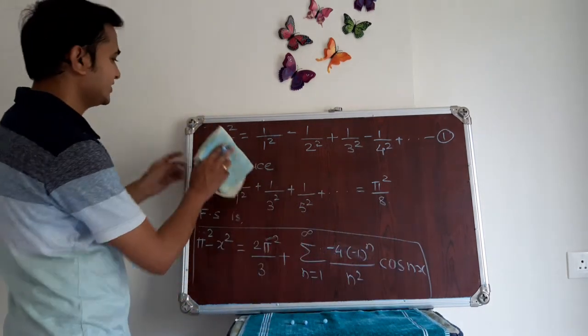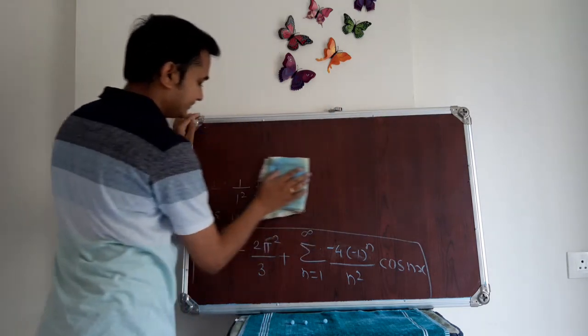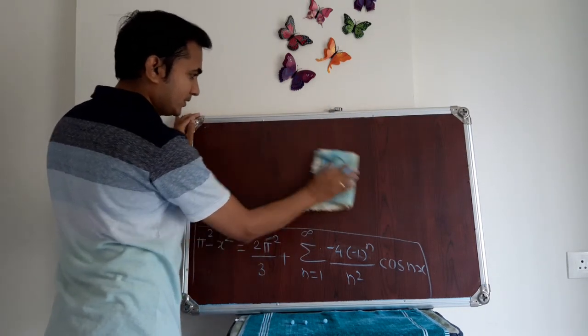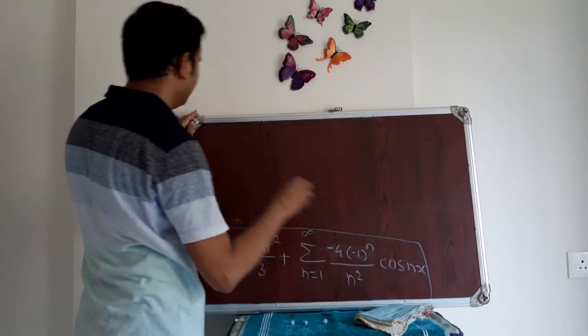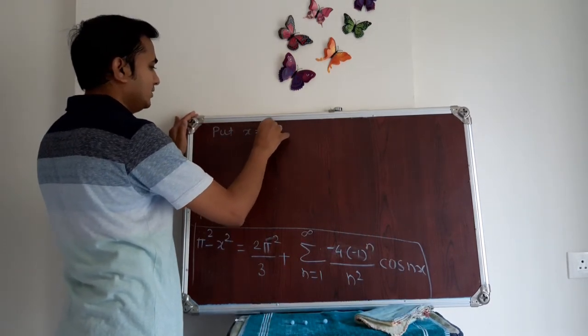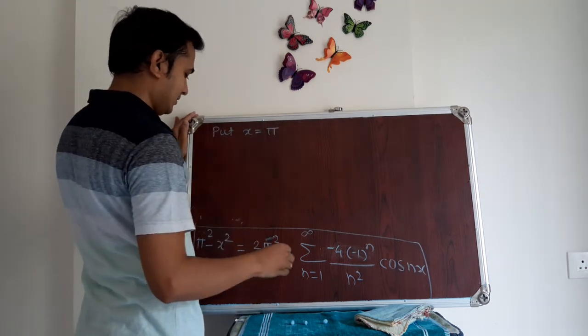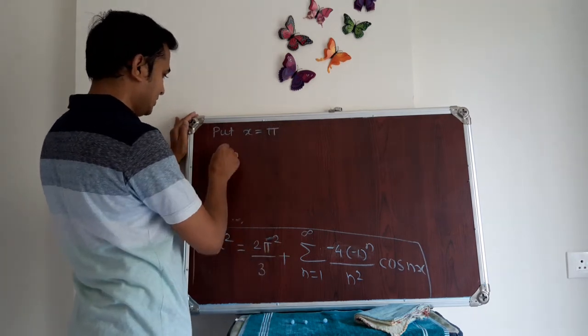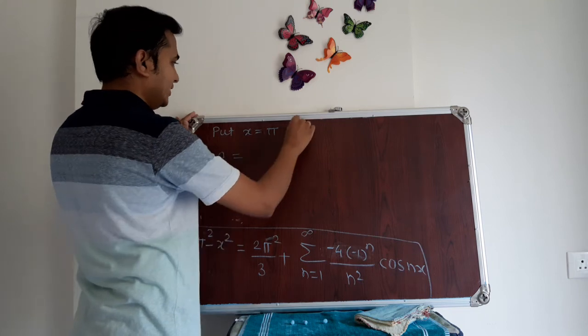So substitute x equal to pi. What will you get? This is 0 in the Fourier series.